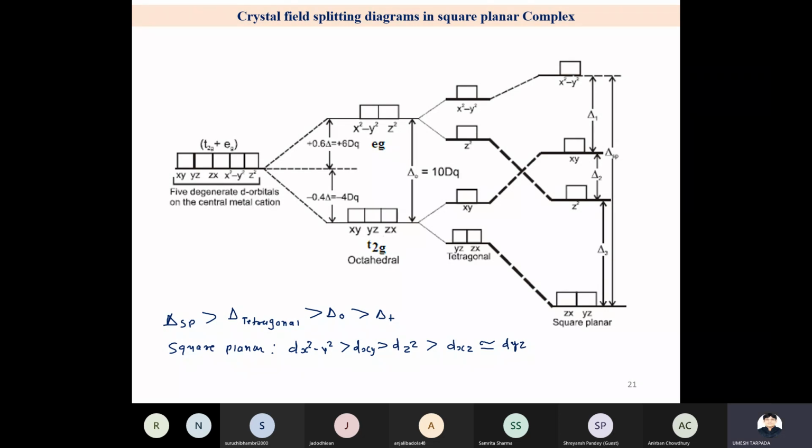This is the order. In the case of tetragonal, dx square minus y square, then dz square, followed by dxy, then dyz and dxz. So this is the order.